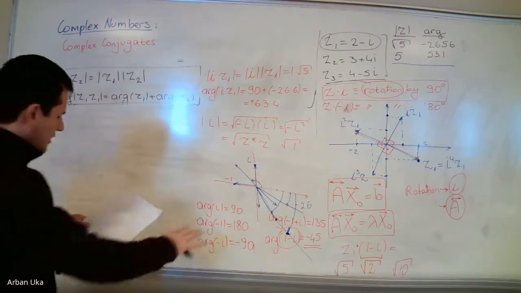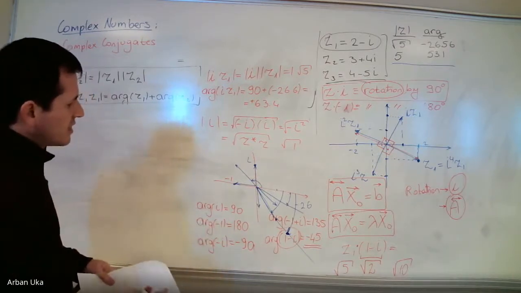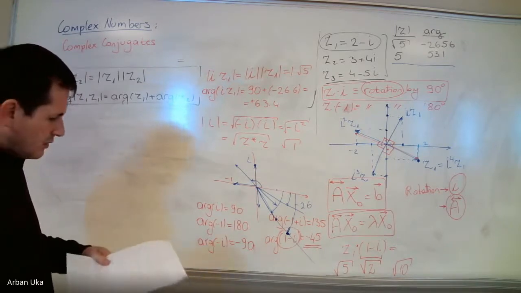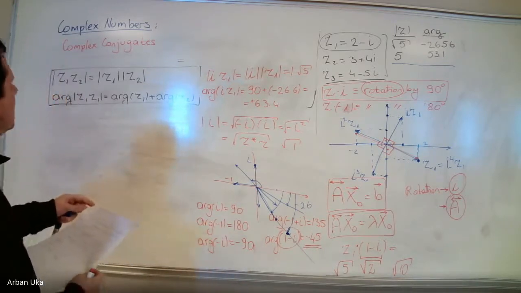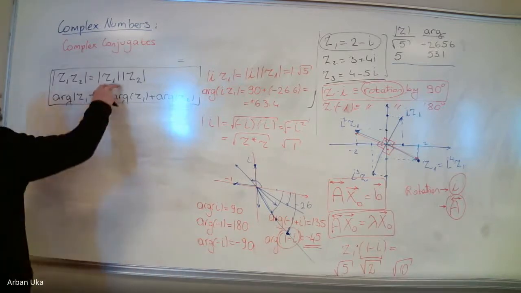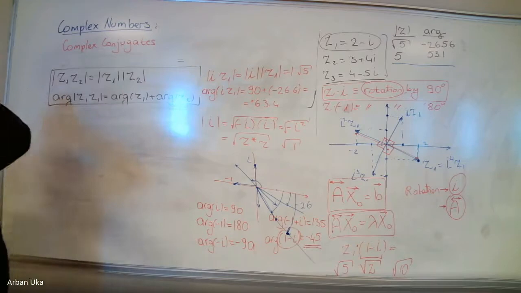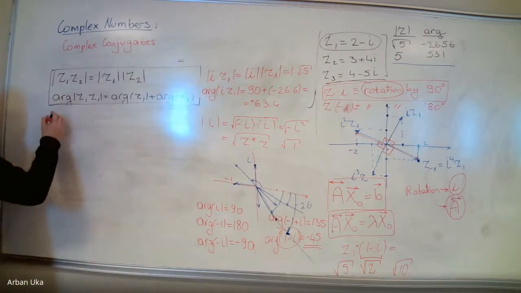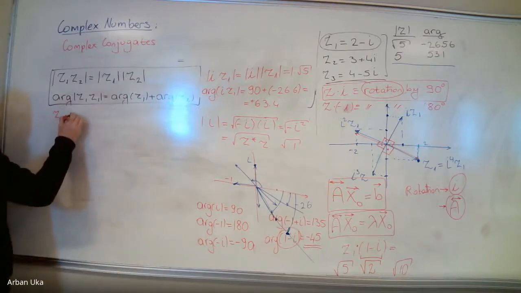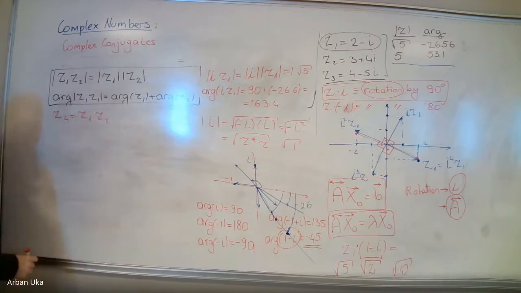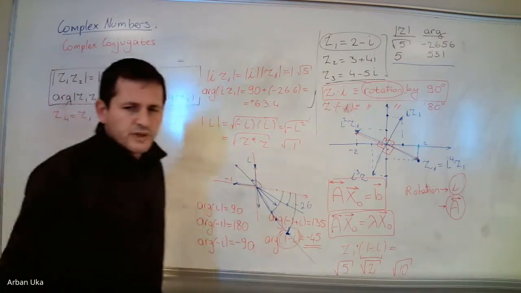Now, we did this one a little earlier because it is intuitive, but we are going to see once again how we multiply two complex numbers using only the modulus and the argument. Let's assume that we have a number Z4, which is equal to Z1 times Z2. So to find the point Z4, what do we need?